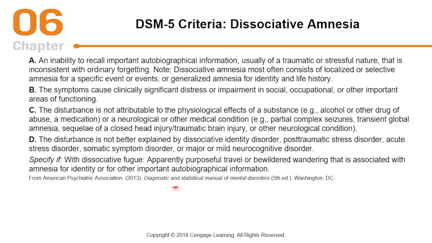Okay. Now, what's the DSM-5 criteria for dissociative amnesia? There's an inability to recall important autobiographical information, usually of a traumatic or stressful nature that is inconsistent with ordinary forgetting. So, again, hindi lang siya basta nakalimutan.